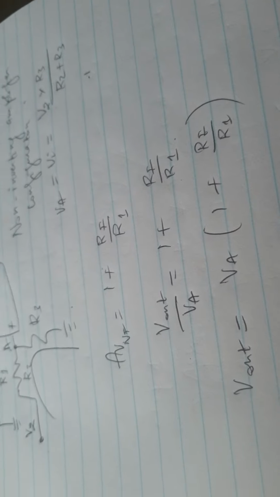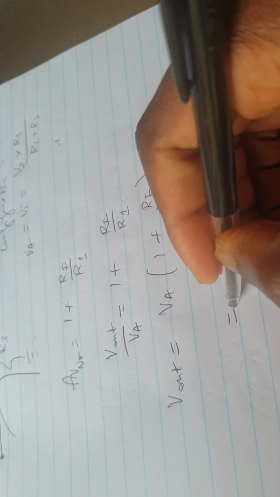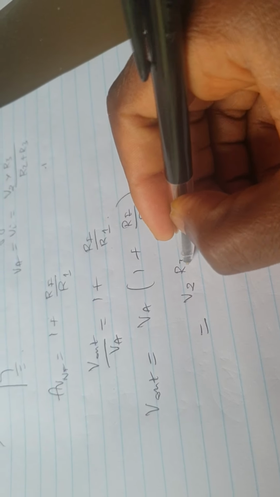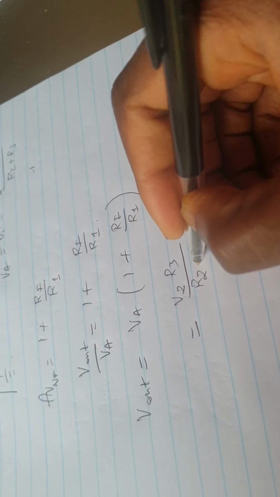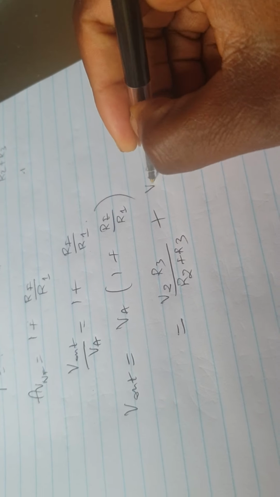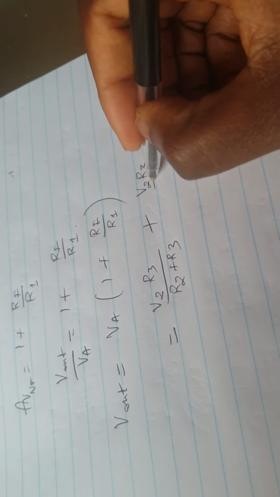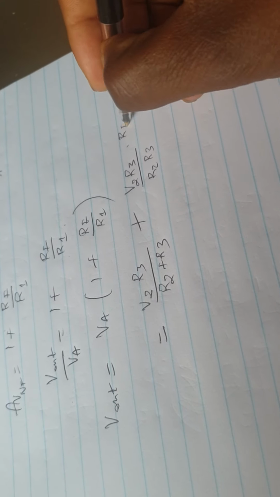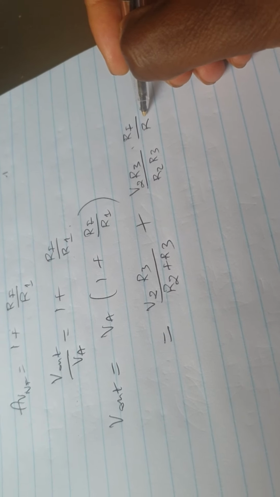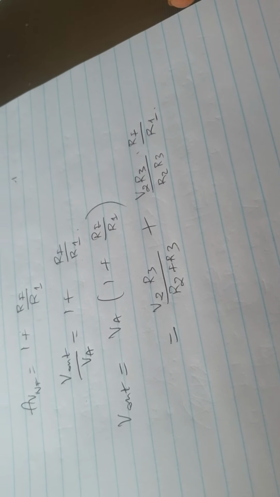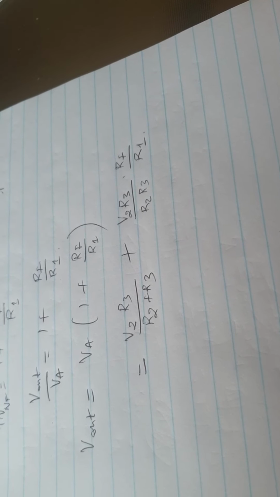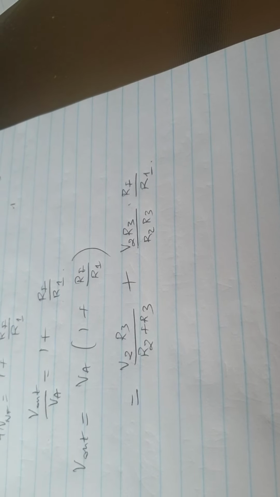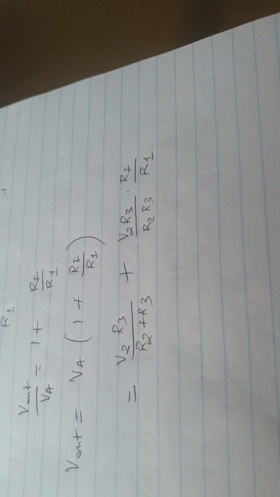And we know VA by voltage divider to be equal to V2 times R3 over R2 plus R3, all of it multiplied by 1 plus RF over R1. That will be the output voltage.